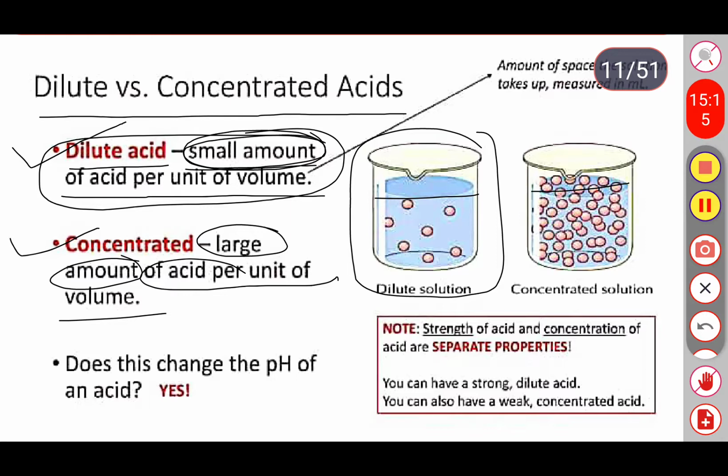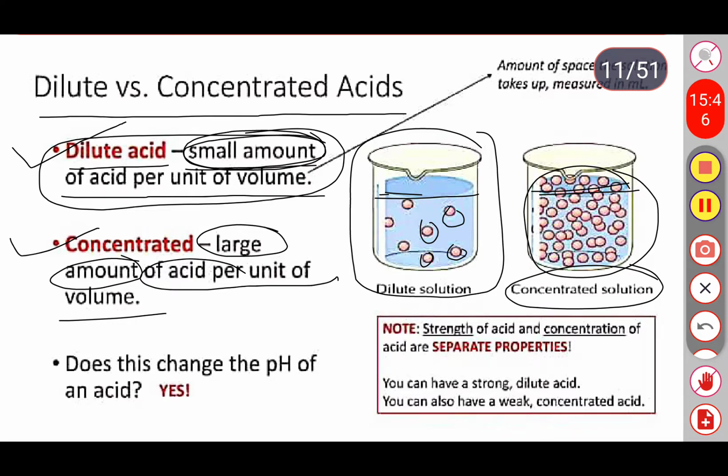The level of the water in both beakers is the same, but see the red bubbles, the red particles, on the display. These are the acidic substances. In diluted acid we have a very small amount of acidic substances, whereas in the concentrated solution we have a huge amount of acidic substances.